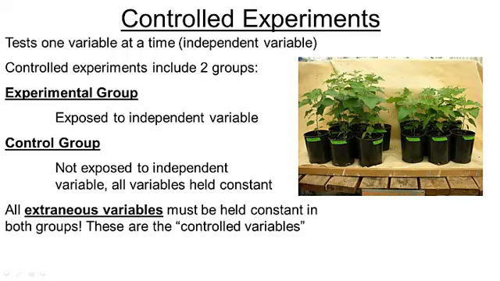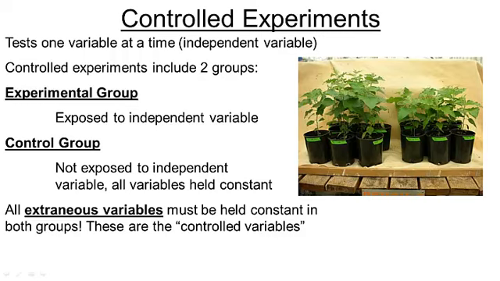If you remember, the independent variable is the variable that we believe is the presumed cause. It's what we think is going to make something happen. And in the video that we watched, Jesse and his teacher came up with the idea that the independent variable would be the amount of water given to the plant, or rather, how often the plant was watered. Okay, so that's a controlled experiment, an experiment that tests one variable at a time.